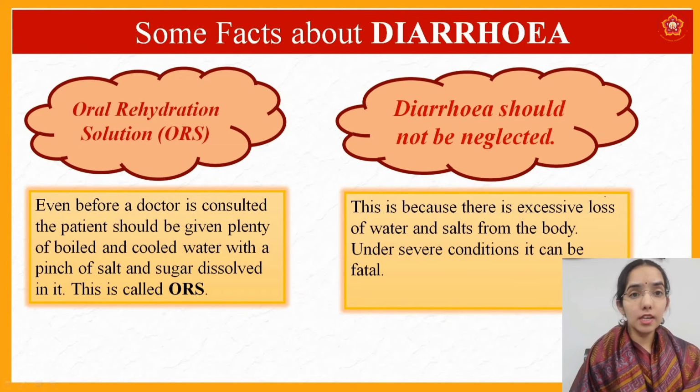And under severe conditions, it can be fatal, it can be deadly. So we should not neglect it. We should show ourselves to a doctor once in case we have diarrhea, and we should take the oral rehydration solution if we have diarrhea.